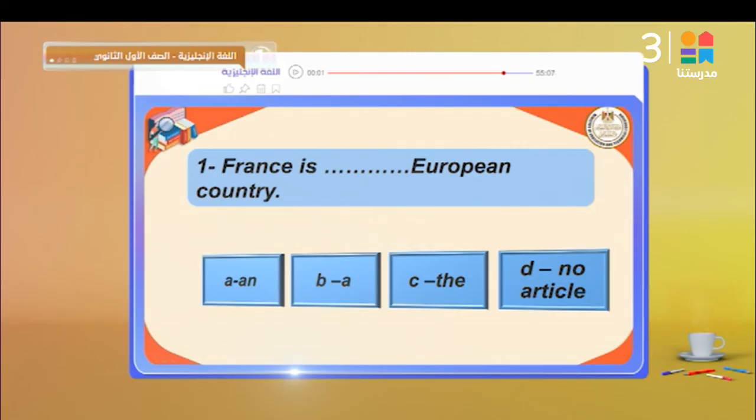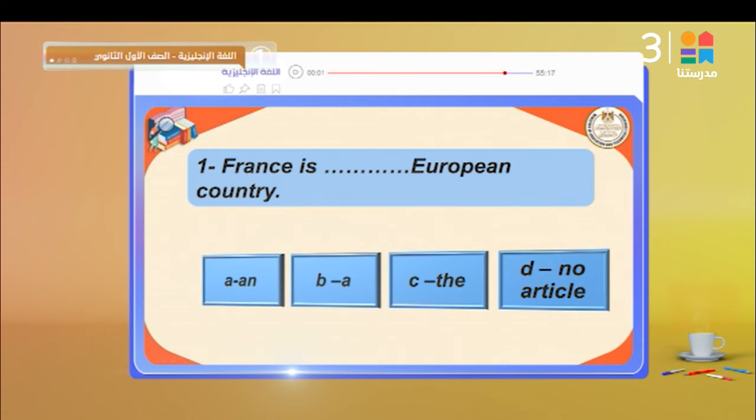Let's have some practice here. France is a European country. Of course, here we have the word European. It starts with the letter E. It's a vowel, but we don't pronounce it as a vowel. Again, we have the letter U, but we pronounce it "yu", European.